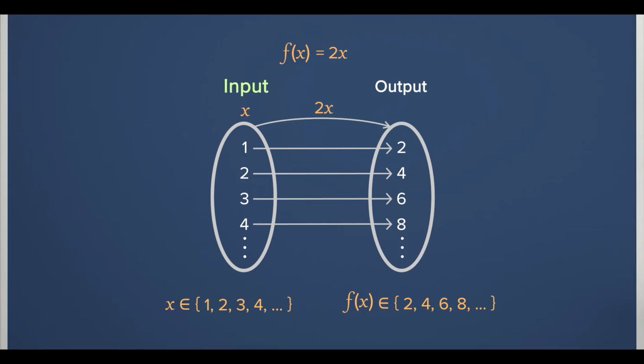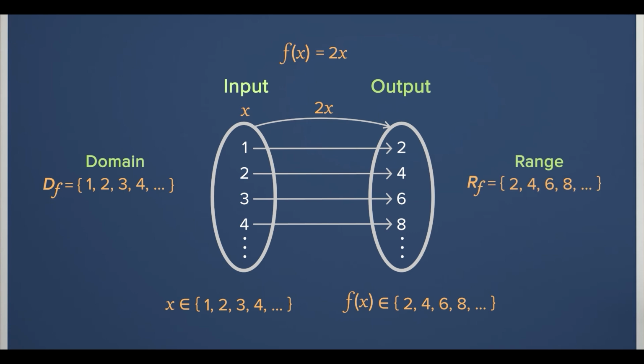Then the input set, which are all natural numbers, is called the domain of the function f, which we write as capital D with subscript f. The output set of all positive even numbers is called the range of the function f, which we write as capital R with subscript f.